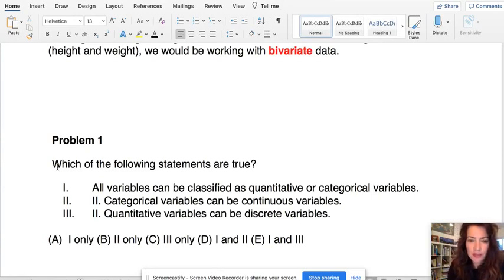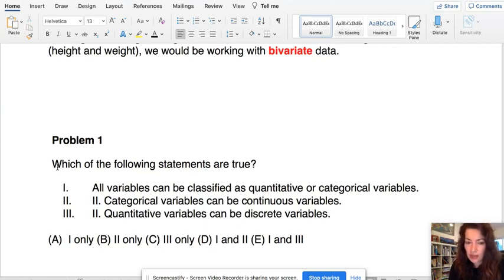1, all variables can be classified as quantitative or categorical variables. Yes, that is correct. 2, categorical variables can be continuous variables. No, categorical variables are not continuous variables. So if you recall, categorical is the same as qualitative, which means you are not measuring anything.